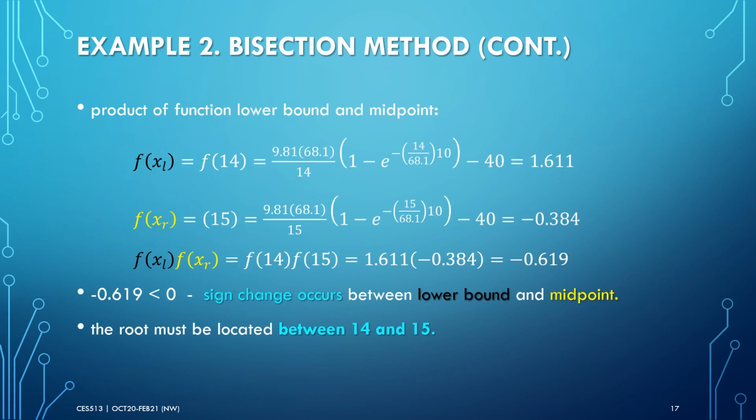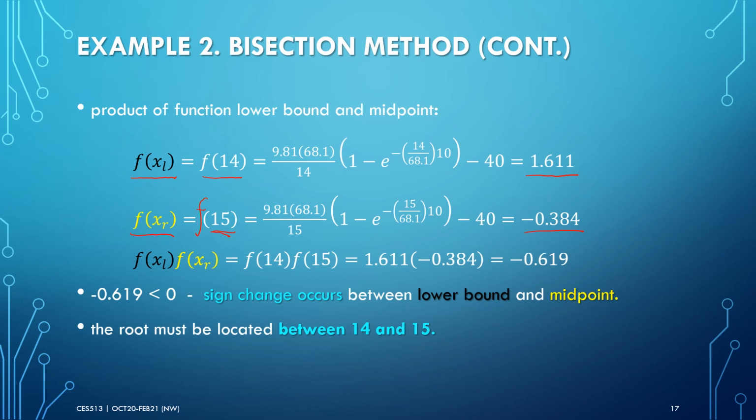Now, as in the first iteration, we calculate the product of the function for the lower bound and the midpoint, or the estimated root. Here, the function of the lower bound, using x equal to 14, is equal to 1.611, and the function of the estimated root, which is x equal to 15, we get negative 0.384.